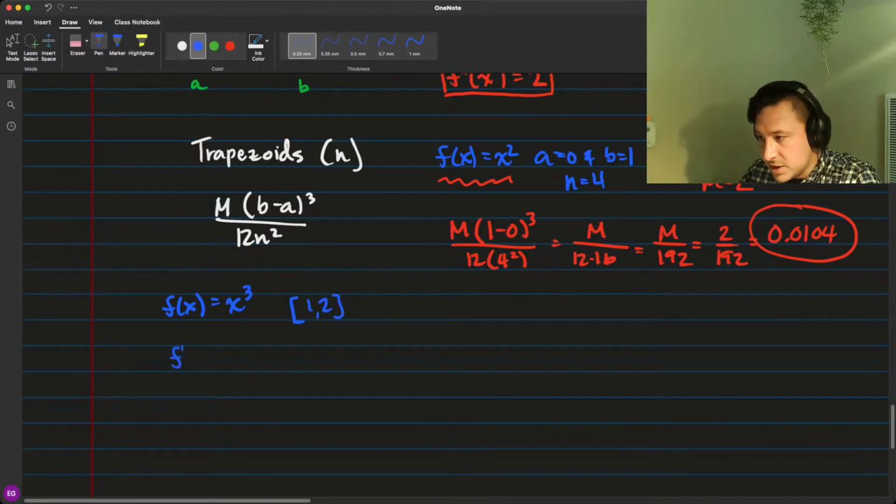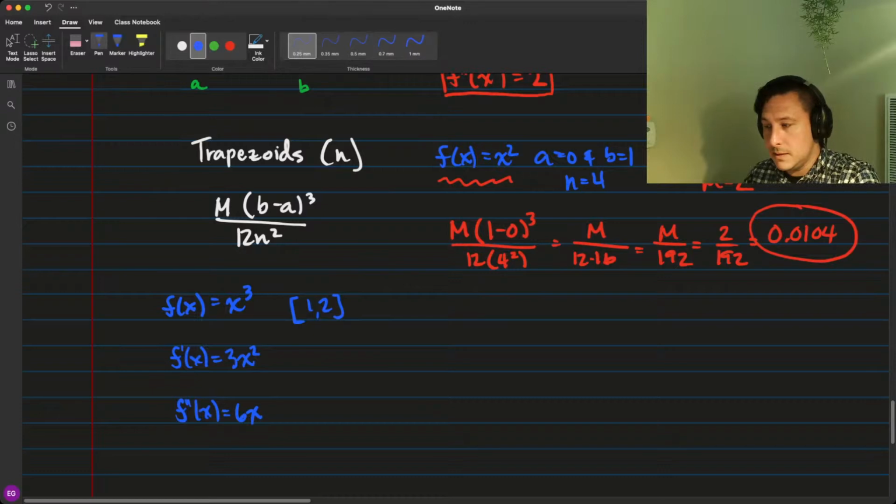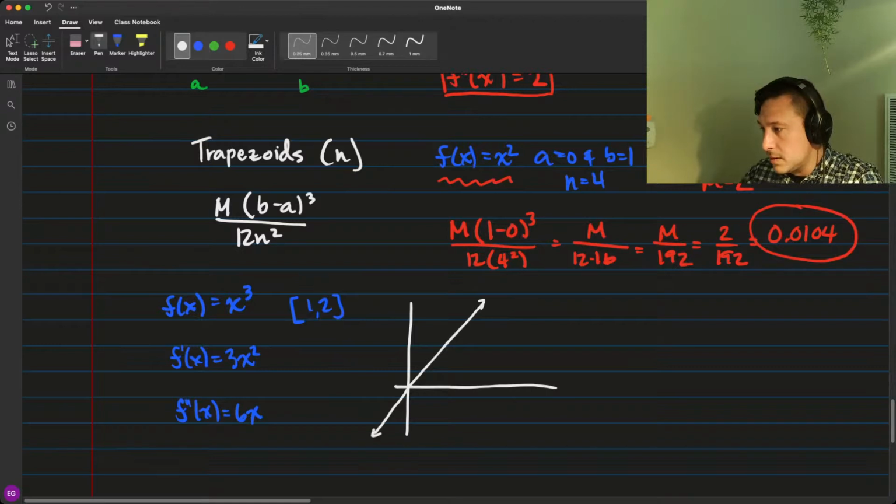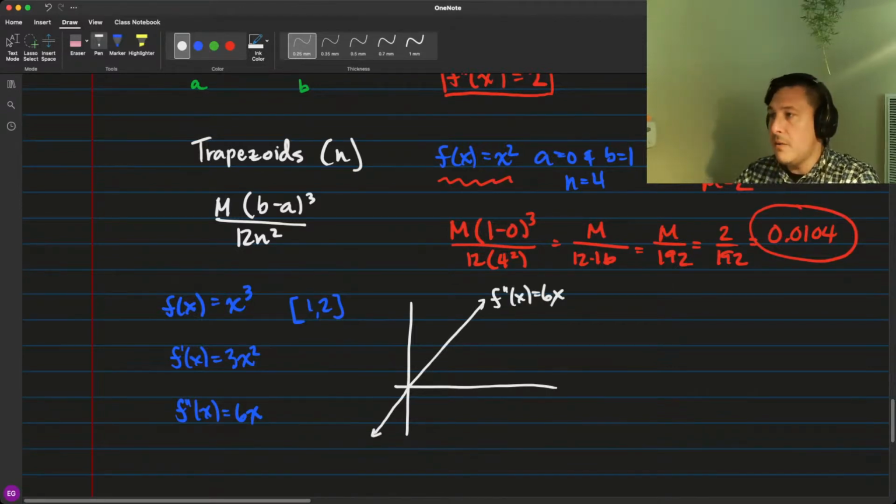So your first derivative is 3x squared. Your second derivative is 6x, right? So what you would do is graph your second derivative, 6x, and now what you need to do is figure out what the biggest 6x is between 1 and 2.